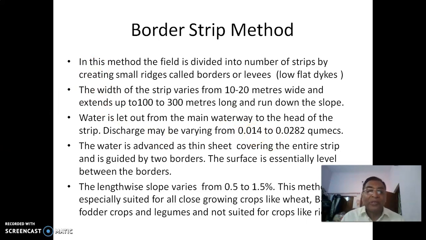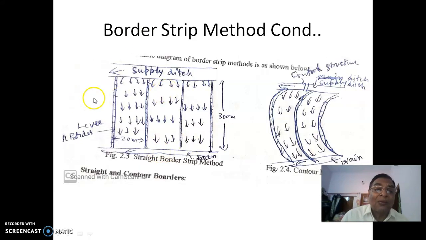During the design, we will learn those things. The water is advanced as a thin sheet covering the entire strip. This is very important in this method. The surface is essentially level between the borders. These arrows represent the thin sheet of water all along the strip.